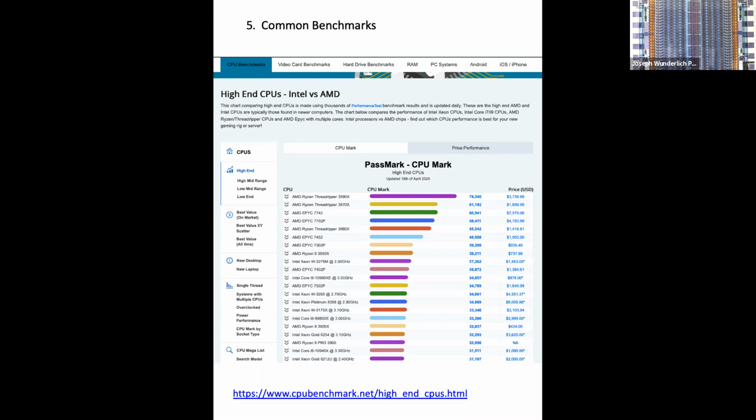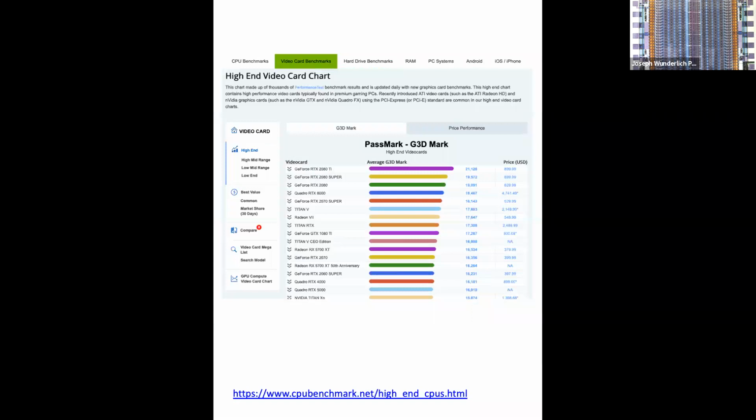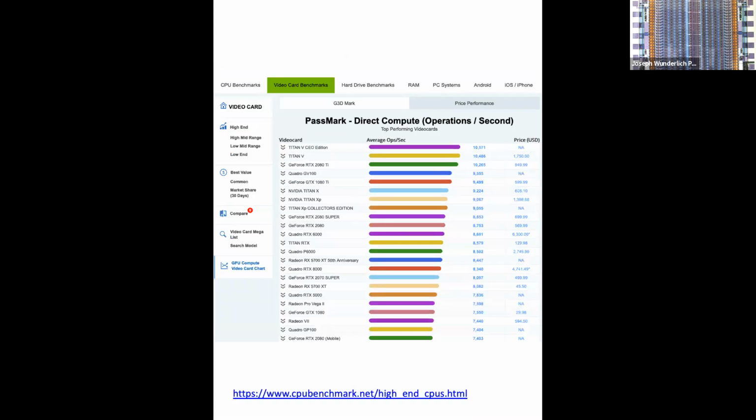And this is a very nice website for looking at a number of different things. Firstly, the CPU performance. Then they're looking at video cards. You'll probably recognize some of these, the gamers certainly will. This is the 3D mark, which is one way of measuring performance for video cards. Also the DirectCompute operations per second.